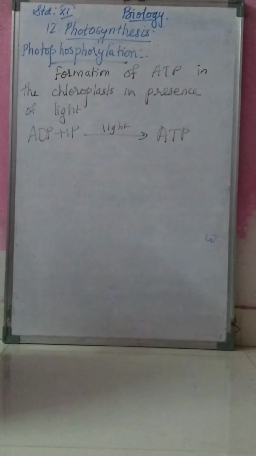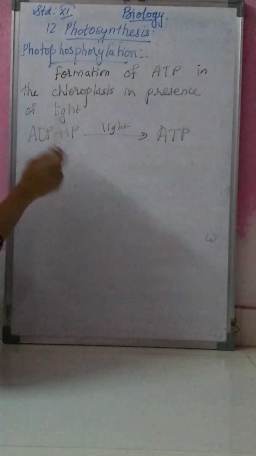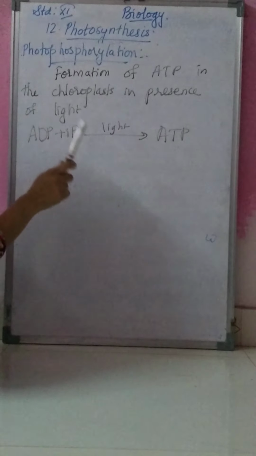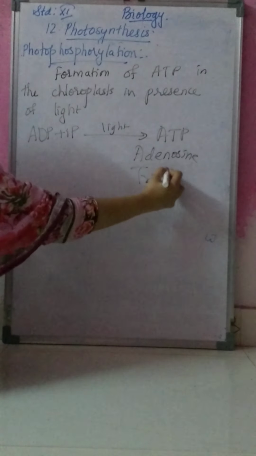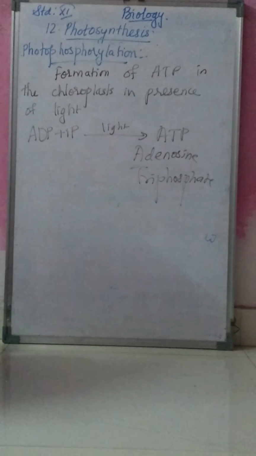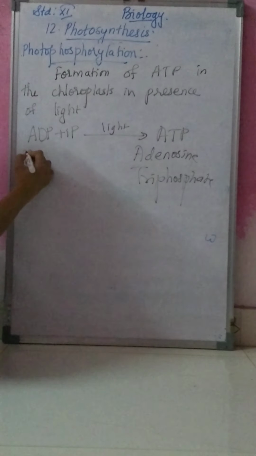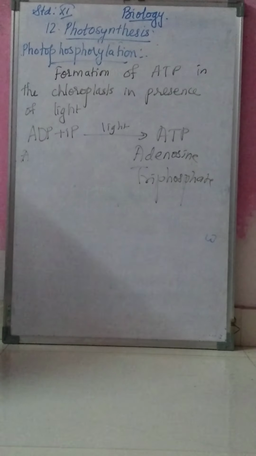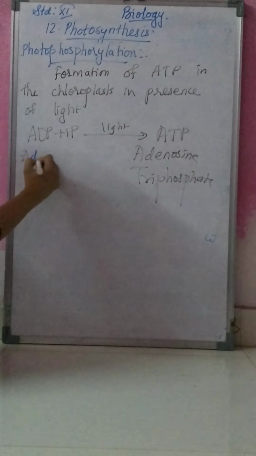See, if we see the equation, so how is it there? Formation of ATP. What is ATP first? ATP is adenosine triphosphate. So formation of ATP, that is adenosine triphosphate, from ADP. Now what is ADP? ADP is adenosine diphosphate.